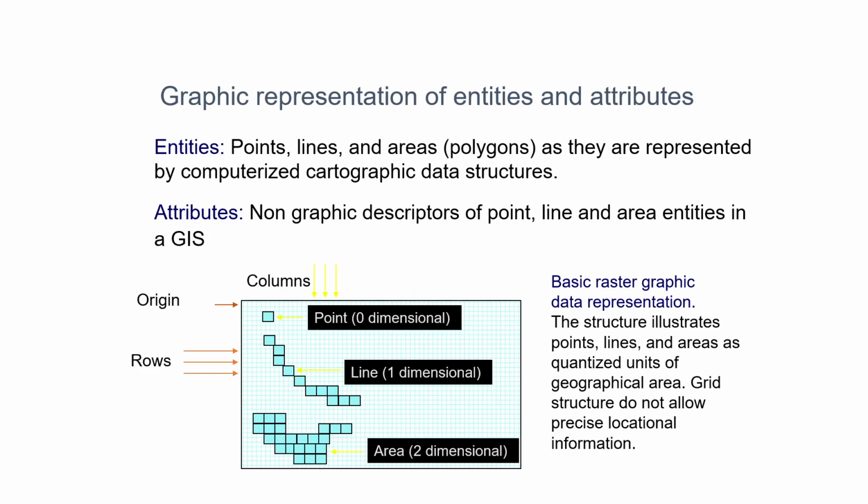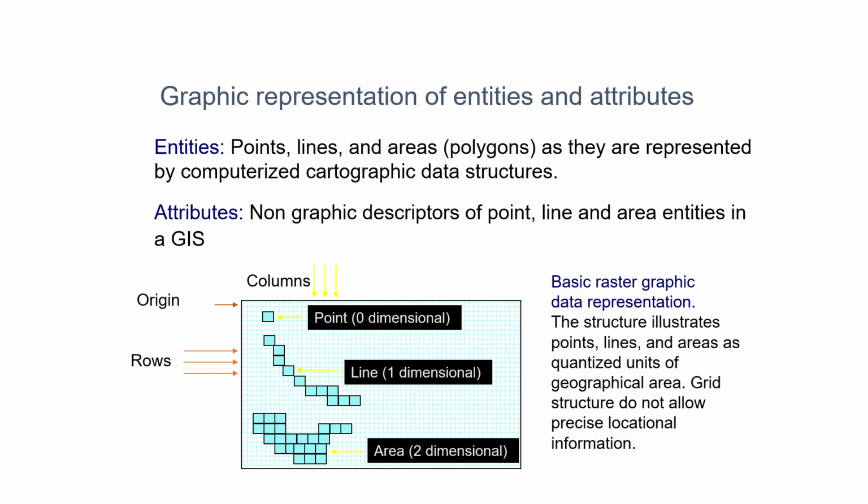We should distinguish entities and attributes of these entities. In the raster model, we have a point of origin, and every entity is a cell, and these cells are situated in columns and rows.